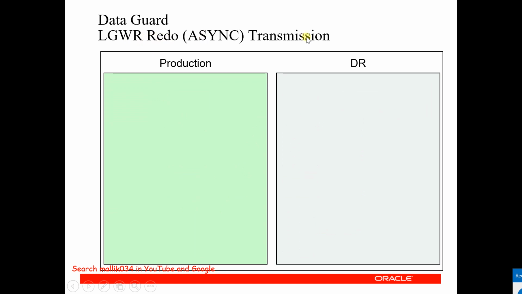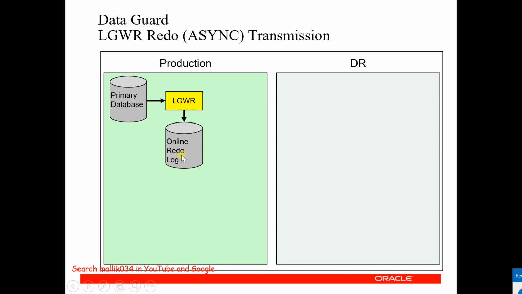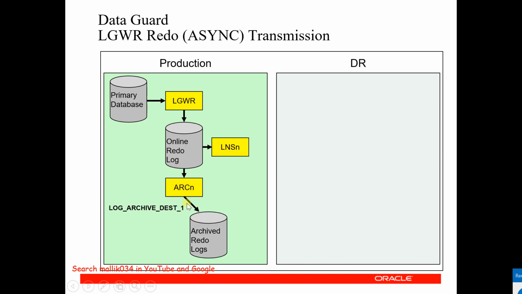And what happens in log writer redo transmission? There is a primary database and the log writer writing online redo log. Online redo logs are archived using the archive process, and this I am talking about is asynchronous. The log writer first writes into production redo logs on the local disk, and after writing into the local disk on the production side, the LNS process sends to RFS.